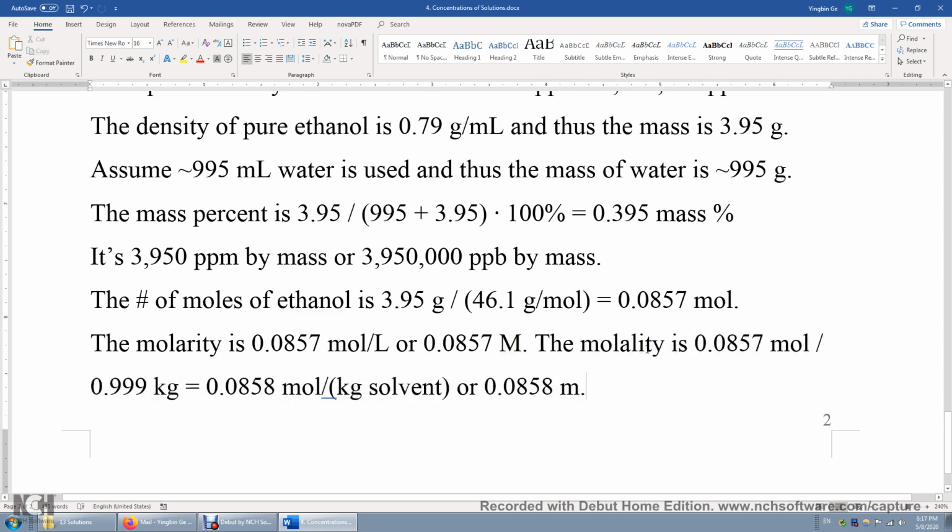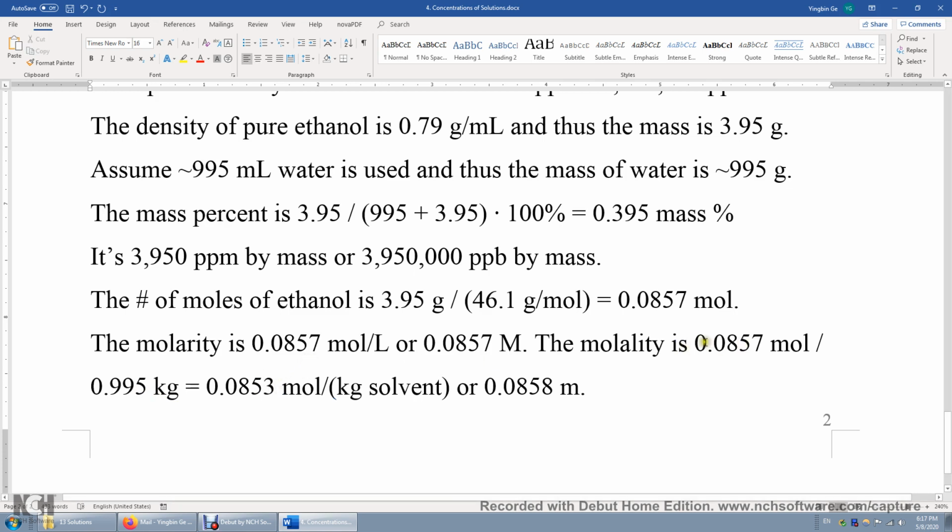What about molality? It's the number of moles of ethanol divided by the mass of solvent. So the solvent is, oh, I'm sorry, I got a wrong number here. So 995. All right, so I think I need to modify this number.